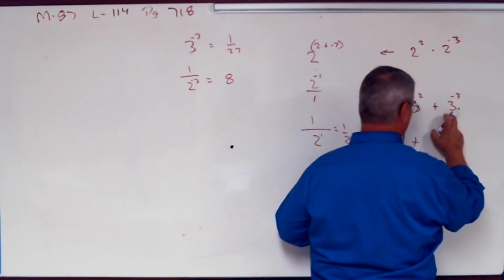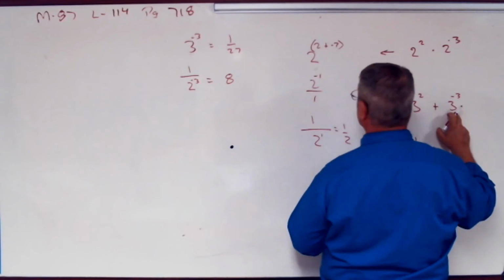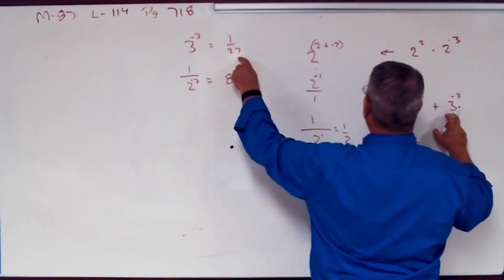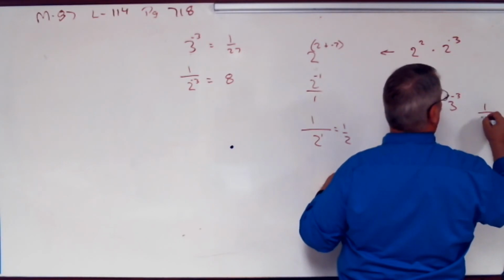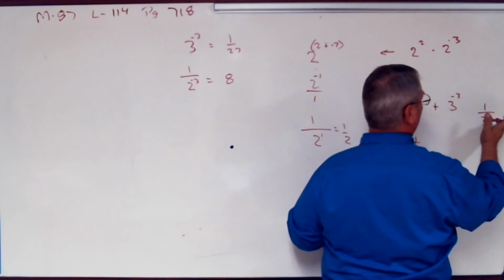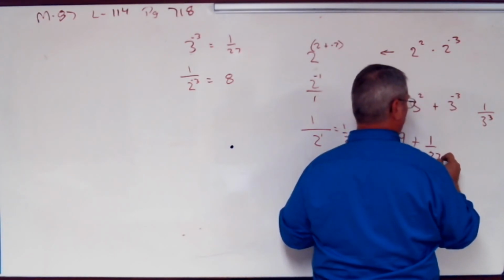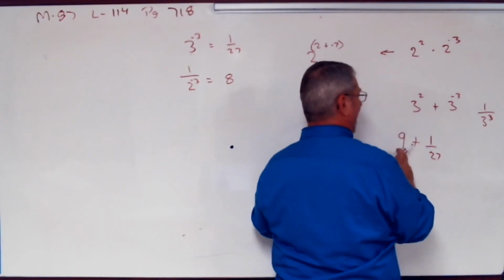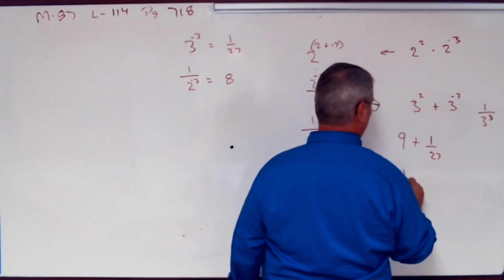This is not 27. This is not negative 27. I have to make it into a fraction. I have to turn it over: 1 over 3 to the third. Positive exponent. 3 to the third is 27. This is plus 1 over 27. 9 plus 1 over 27 is just 9 and 1/27.